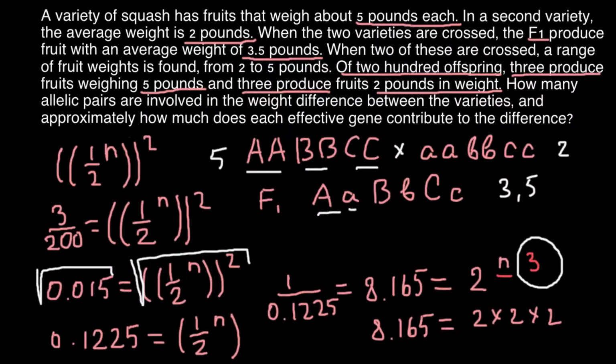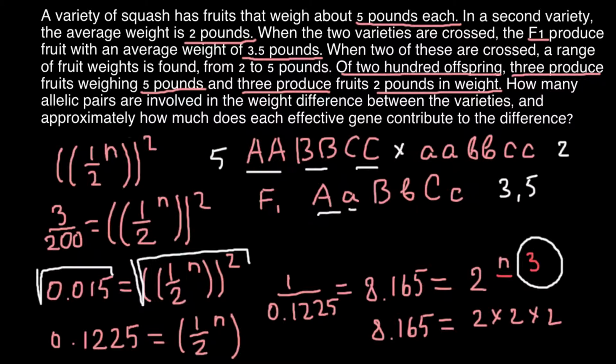This is very easy. As you see here, this genotype produces fruits that weigh 5 pounds. That means that we have to divide 5 by 6 alleles. All of them are dominant alleles, so we would know how much one dominant allele adds to this trait.